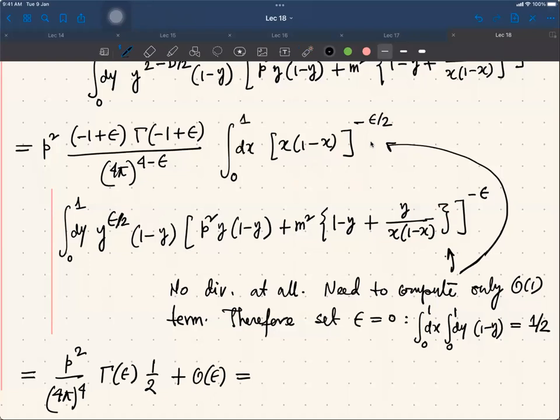And gamma epsilon has a pole 1 over epsilon. So the result is p square over 4 pi to the power 4 times 1 over 2 epsilon plus order epsilon, order 1.